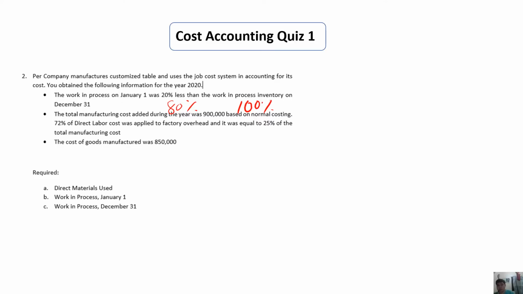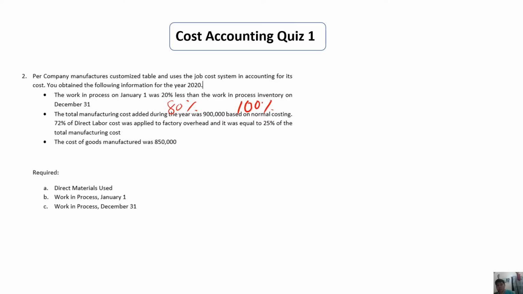So next statement, so the total manufacturing cost added during the year, which is 900,000 pesos daw. And based on normal costing, nagbigay pa ng mga other information. So ito, maapektuhan ba yung ating WIP? So maapektuhan po yan kasi ang ating WIP ay nadadagdagan kapag meron po tayong manufacturing cost at nababawasan kapag meron tayong cost of goods manufactured.